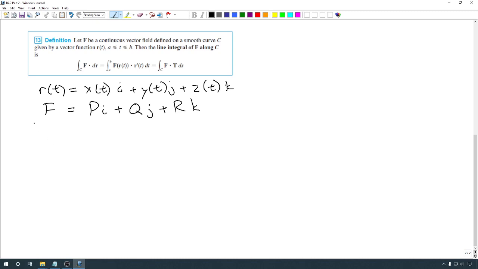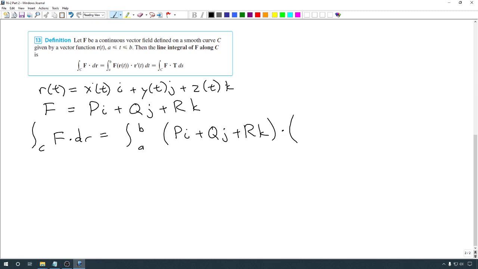If we do that, then the line integral of this is going to be the integral from a to b of, well, f is just p, q, r, dotted with the derivative of r.